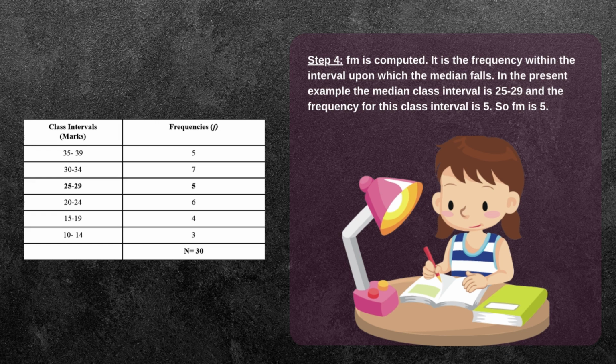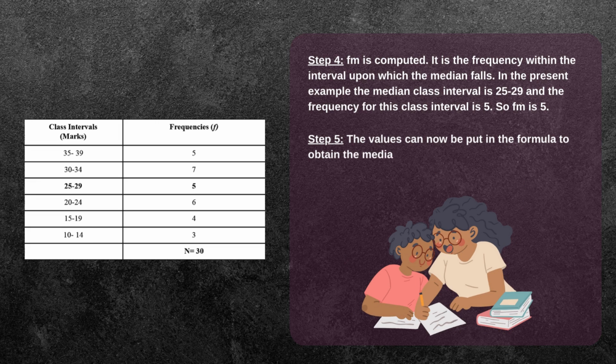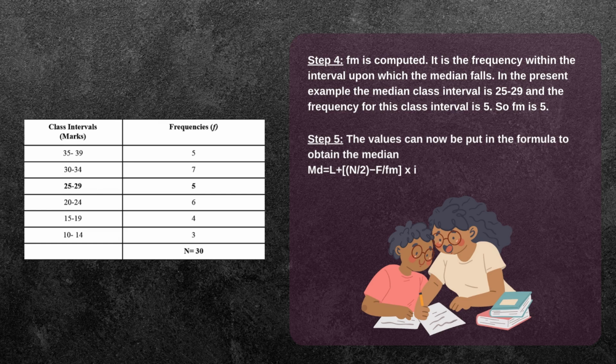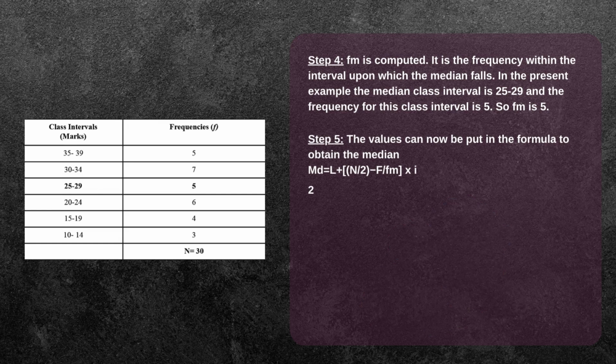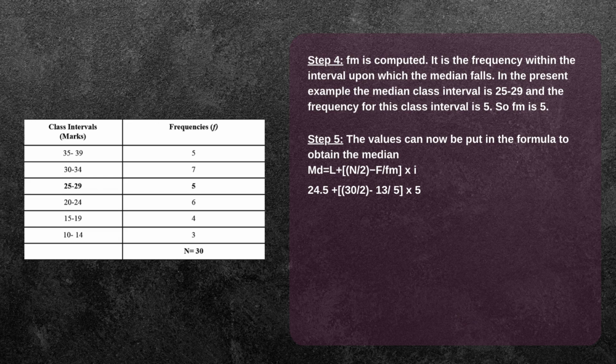So, step 5 is nothing but putting all the values that you have just identified into the formula of median. In the formula of median we use capital L, the exact lower limit score, which we have calculated as 24.5, plus n by 2, where n is 30, the total number of frequencies, divided by 2, minus capital F, the total frequency below, which is 13, divided by 5, the actual frequency of the median class interval, and multiplied by i, which is also 5.